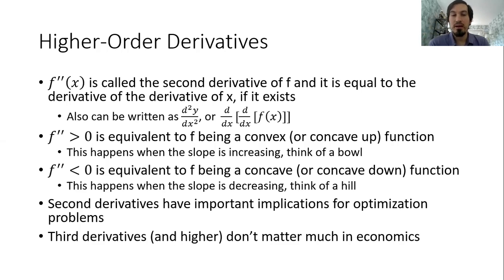And why do we care about second derivatives? They have important applications for optimization problems. Remember, to optimize something in this class means you're either maximizing or minimizing something. And of course, if a function looks like a hill, then there's one point right at the top of the hill that's a very important point.